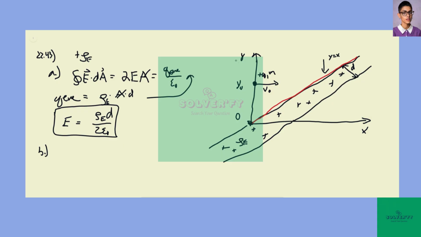We want to show that the particle will collide with the slab if v naught is greater than the square root of root 2 q y naught rho e d over epsilon naught m. That's all in the square root. If v naught is greater than that, then it will collide. And we're ignoring gravity.